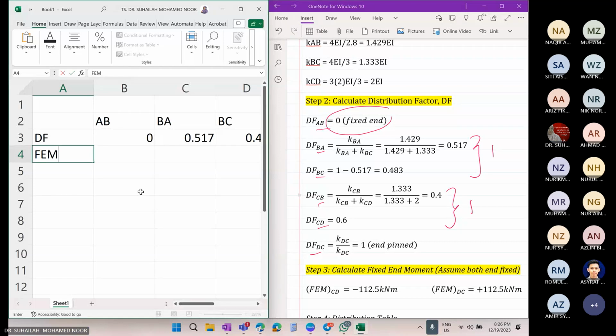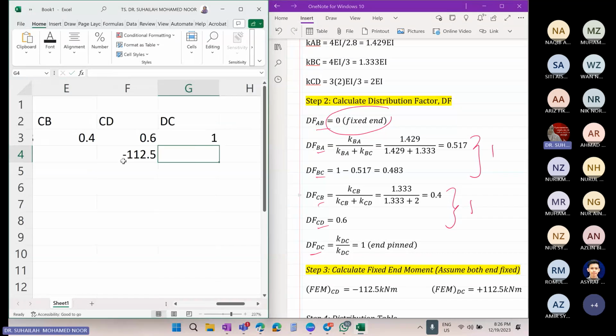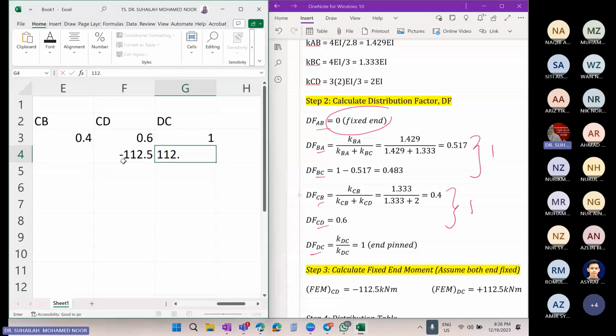For CD, it is negative 112.5 and positive 112.5.